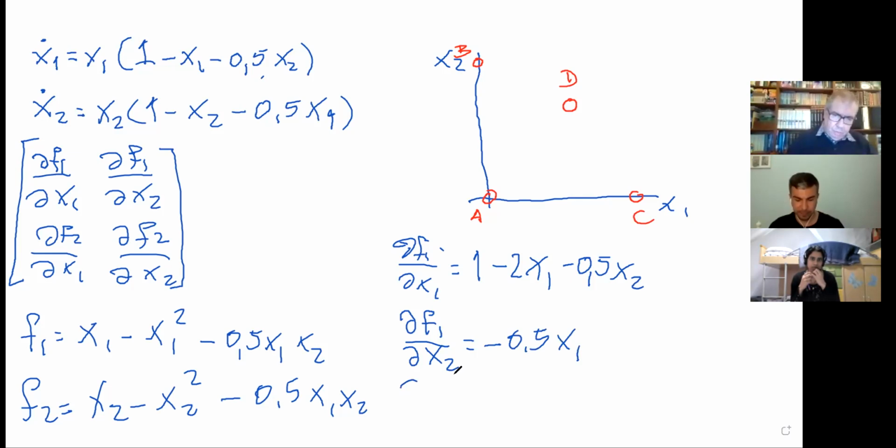Now df2 dx1. Well, we could have completed the other, but let's go by order. So the derivative of the first one 0. The second 0. The third minus 0.5 x2.